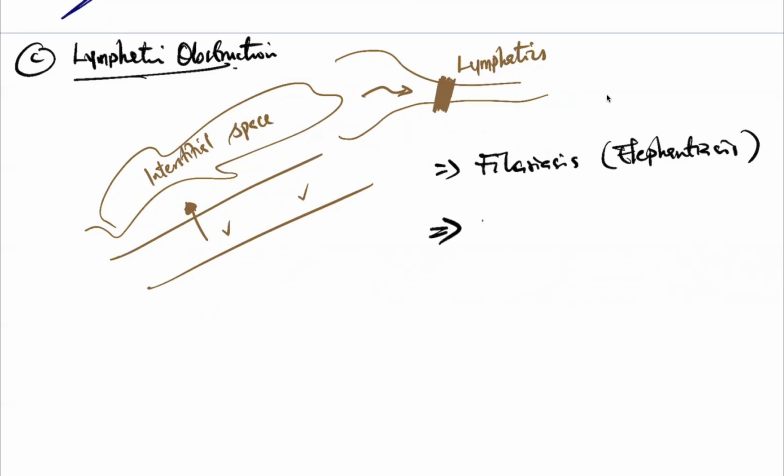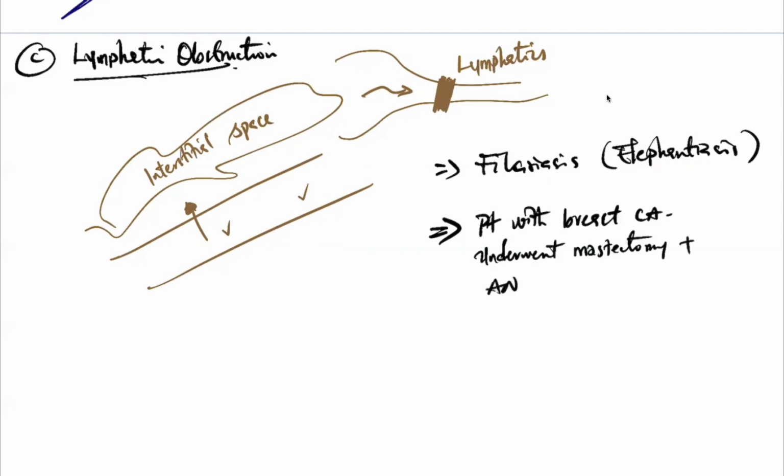Take a patient with breast cancer. This is probably more common on the exam. She underwent surgery. So maybe she had a mastectomy and they removed axillary lymph nodes, so let's say axillary nodal excision.